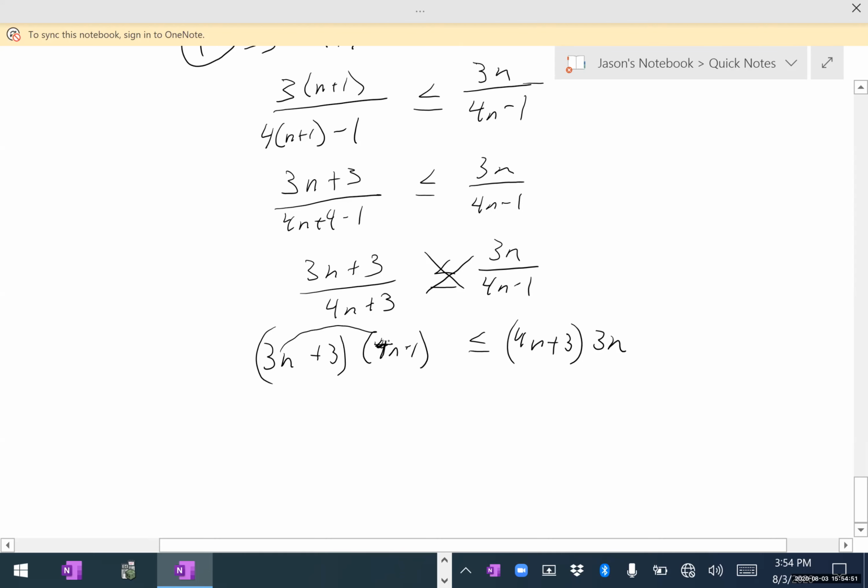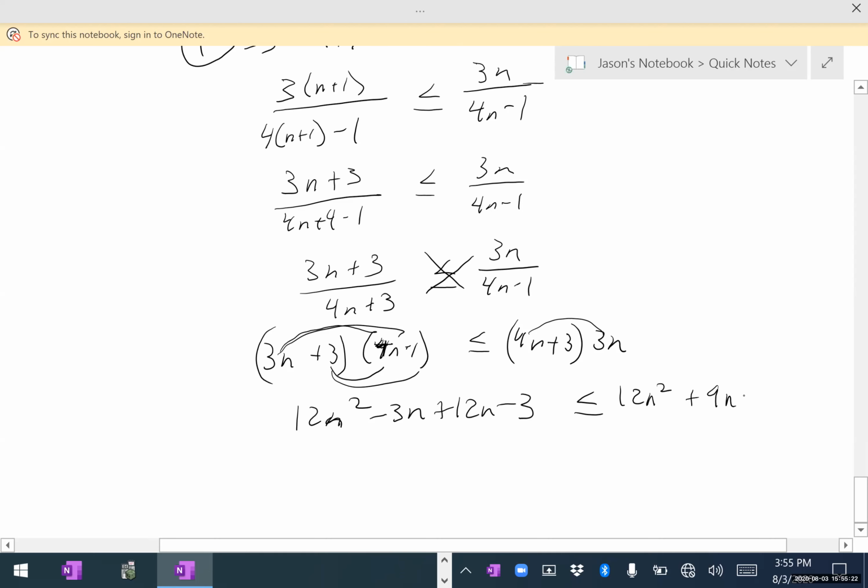FOILing, that's 12n squared minus 3n plus 12n minus 3. Is that less than or equal to 12n squared plus 9n?